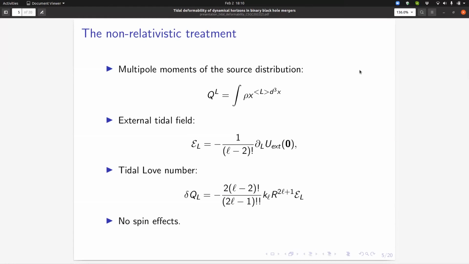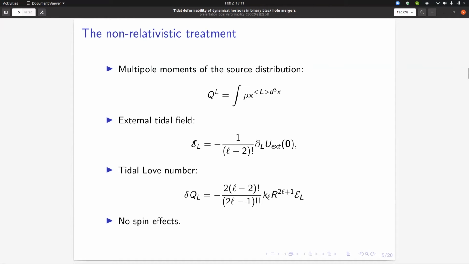Tidal deformability is a topic which has been studied since the 1800s, especially in the context of tides on the oceans, water bodies on Earth. They were usually treated in a Newtonian methodology. Namely, the source distribution of the compact object being discussed is computed and decomposed into a multipolar distribution, called Q_L here.